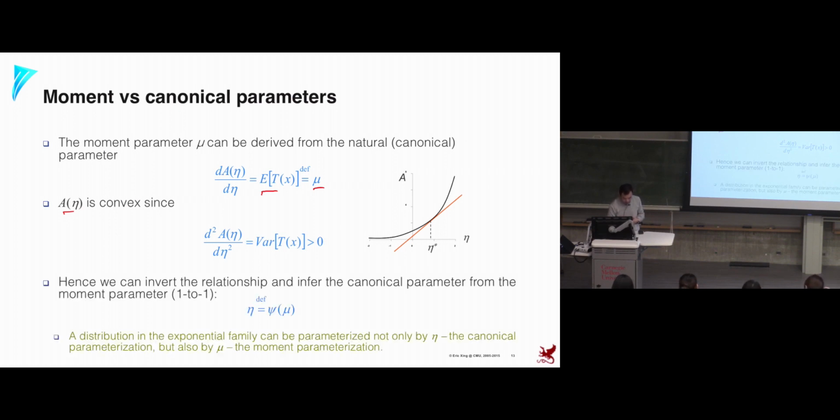And you can also work out, given specific forms of A and eta, this psi function that relates the eta to the mu. And by the way, this relationship is a one-to-one mapping because it is a convex function. Okay, therefore you can switch back and forth between canonical and moment parameters quite flexibly.